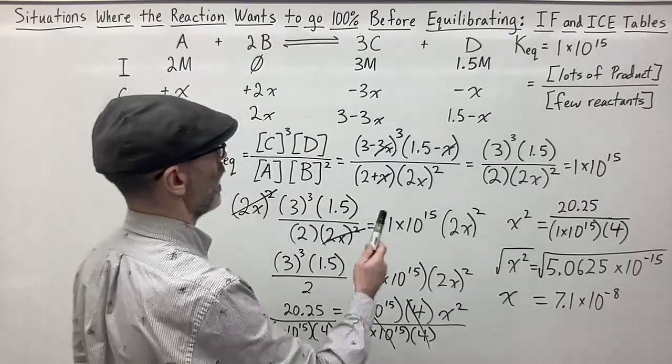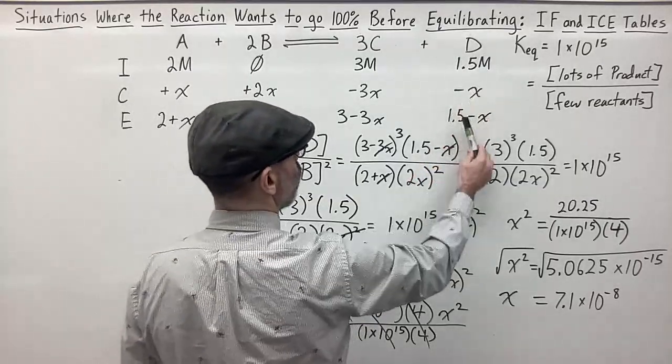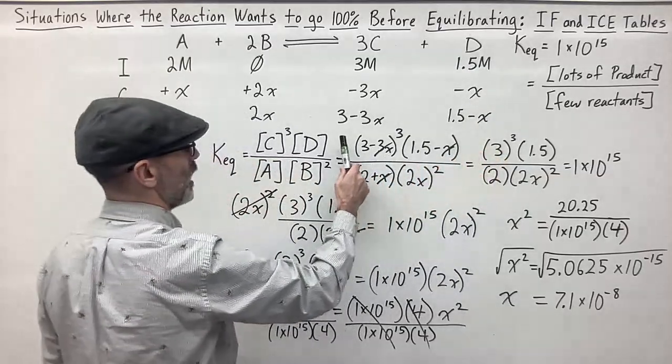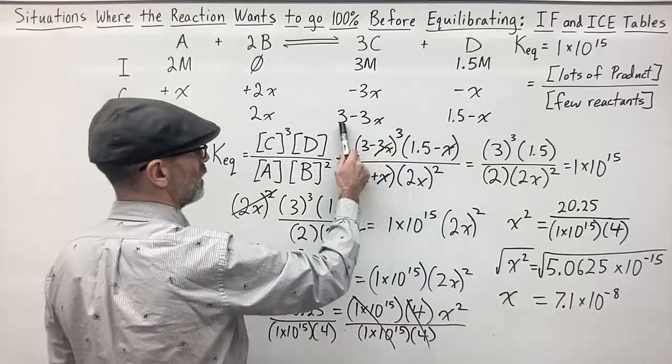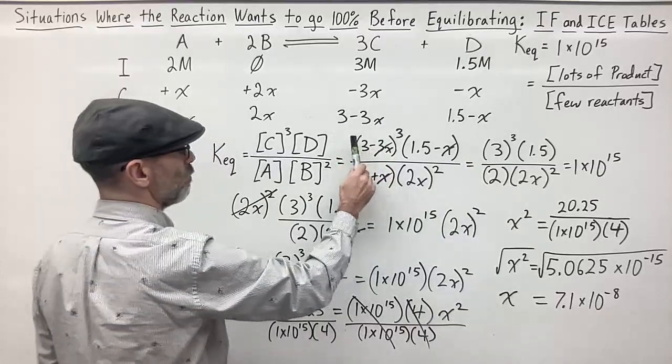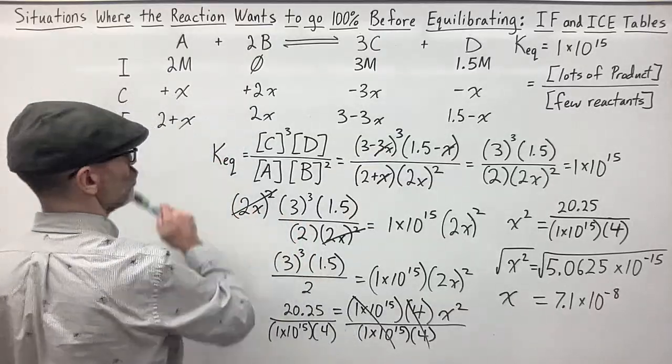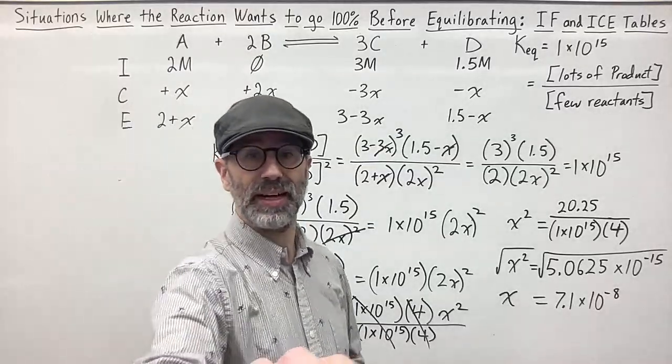Here we have 1.5 and x. Here we have 3 and 3x, right? So these are both larger. And then we have 2 plus x.